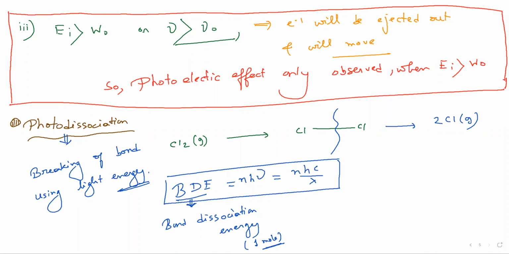Next is, what do you mean by most energetic electron? In some questions it is given as the most energetic electron. Suppose this one is a metal.